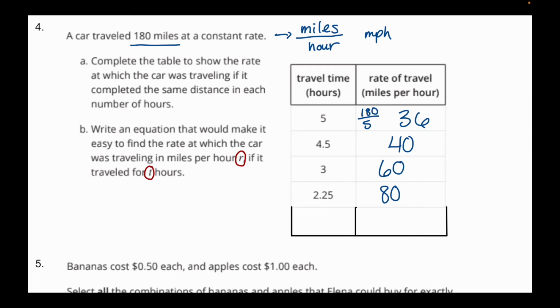Some of yours might. If we had t travel time, how were we finding our rate of travel? That was miles per hour. So we were taking our miles, which is 180, and dividing it by the amount of time. That's going to be the expression we'll use, but it's not that t is equal to that. Those would just be my table values. But I am going to say that r, or the rate, because that's what this column is, the rate of travel, is equal to 180 divided by t.